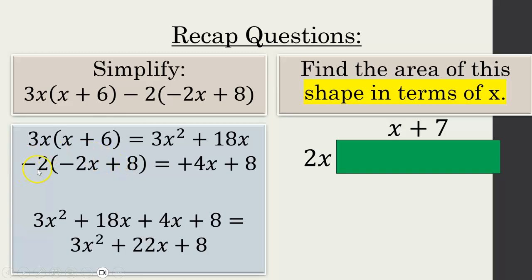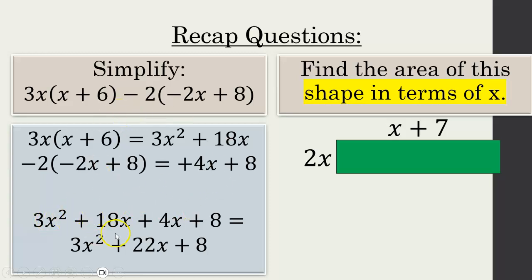Okay, what about minus 2 by 8? Well, what's that going to be? Oh, I actually made a mistake there. That shouldn't be 8. Minus 2 by 8. Well, that's going to be minus 16. Okay, so that's actually wrong. Don't listen to that. That's minus 16. Okay, so then I add this all together.